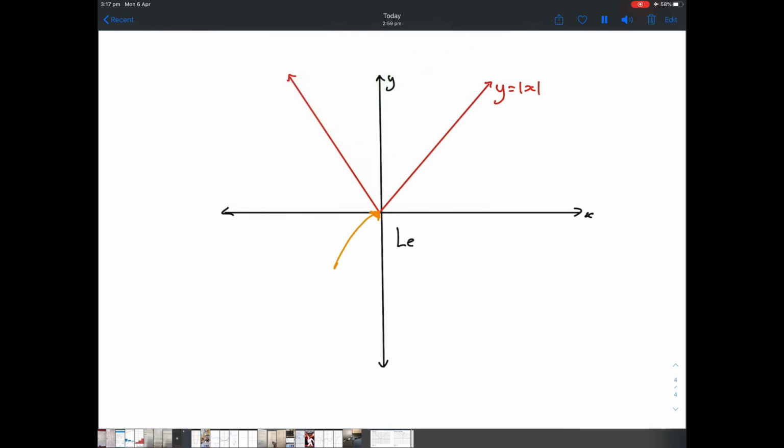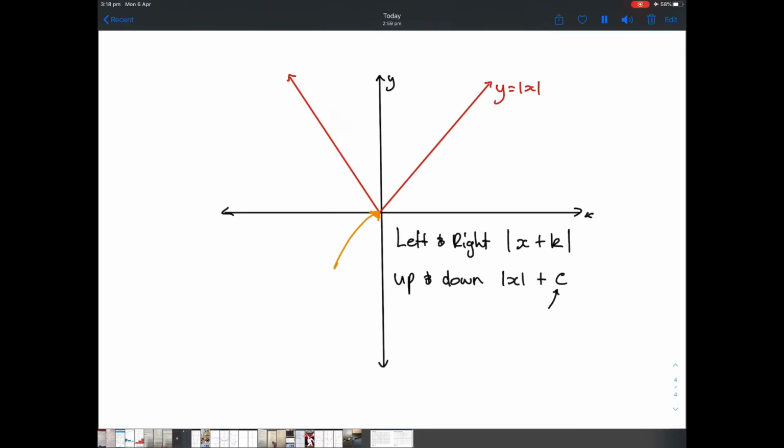Remember that left and right comes when you've got x plus some constant or some value inside the absolute value symbol. Up and down comes from when you've got some constant on the outside of your absolute value symbol.